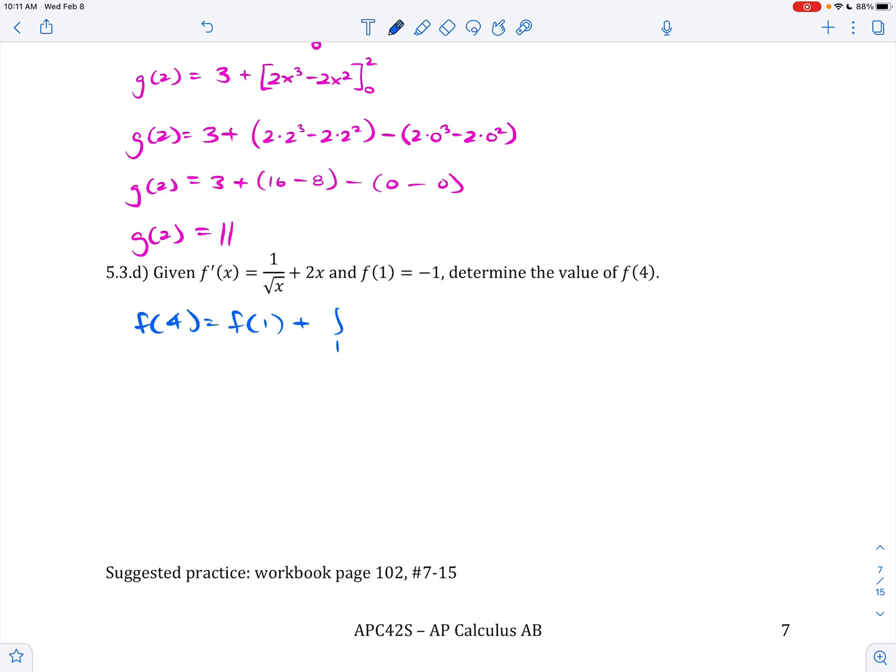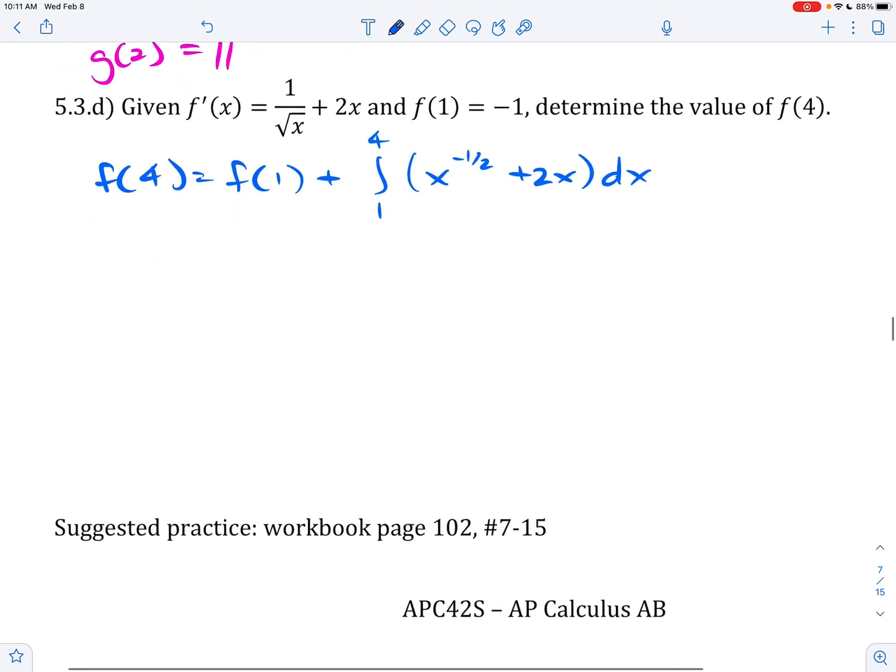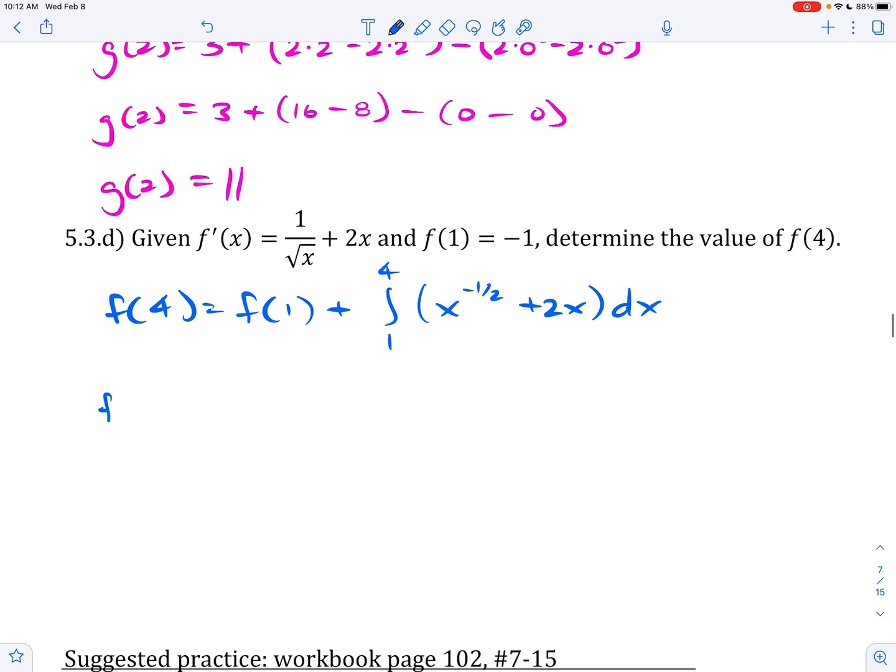The accumulation goes from an x value of 1 to an x value of 4 for this particular function. I might write this 1 over root x as x to the negative half, just because for my own head, it makes it easier for me to anti-differentiate. I find it harder to do from roots. Okay.